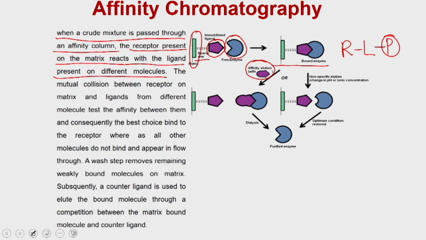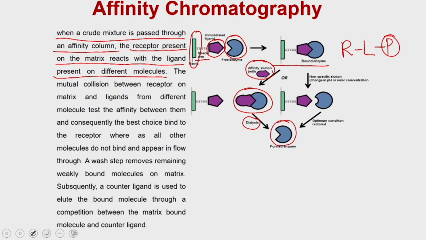Once you add the competitive ligand, that is going to break down these receptor ligand protein complexes, and this competitive ligand is going to bind to your enzyme, and that is how this enzyme is going to be dissociated from the matrix. And once you dialyze this particular sample, it is going to give you the purified enzyme.